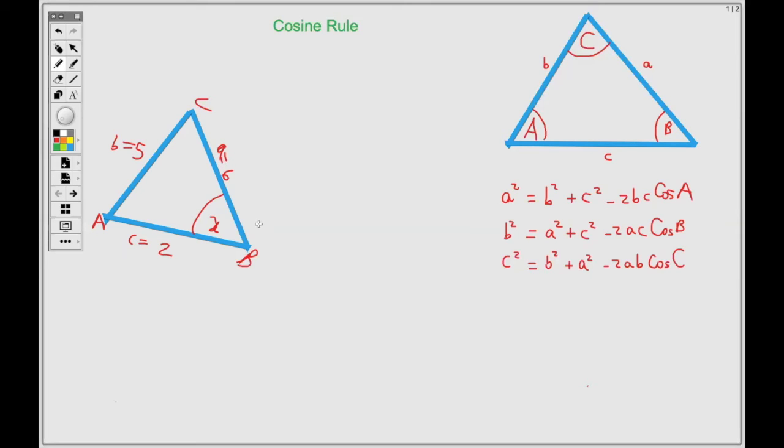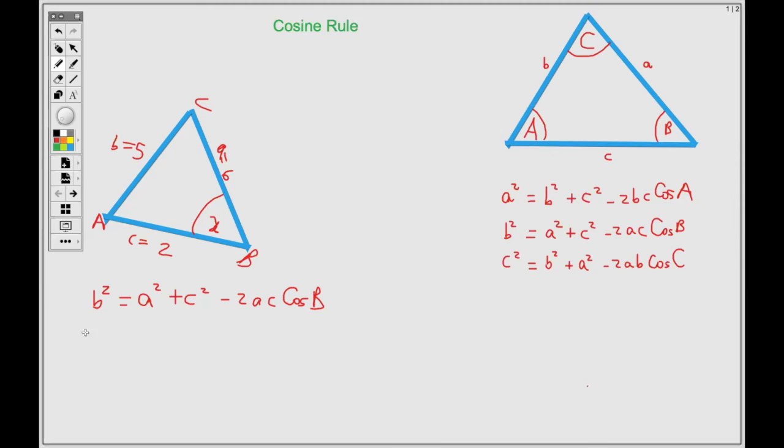As you can see, we have the three sides, but we want angle B, so we have to use the second formula to find the angle. We can't use the first or the third because they have angle A and C, which we don't need in this scenario, so we have to use the second case.